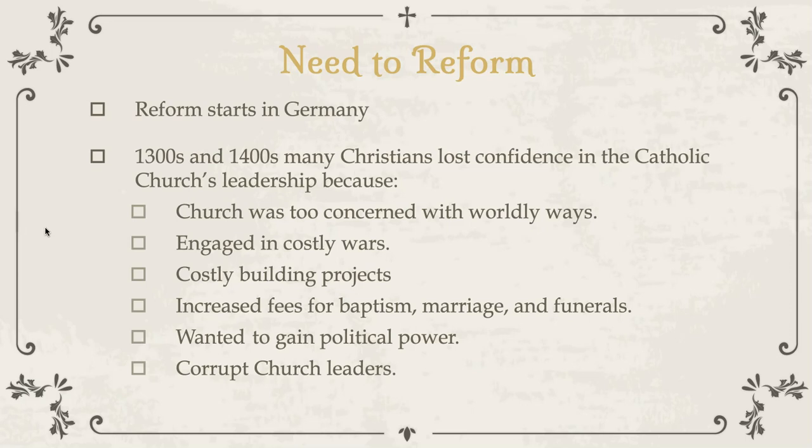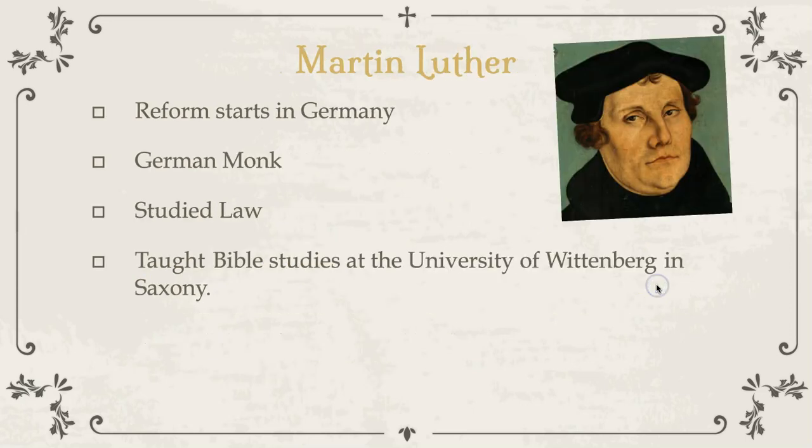Again, this all comes down to the fact that the church is corrupt at this point in time. They're more focused on gaining power, whether political or economic power over others. That's what their goal is at this time, or at least what's perceived by most parishioners of the church.